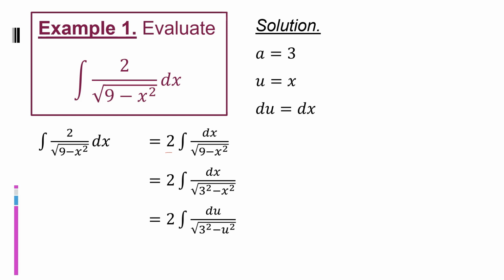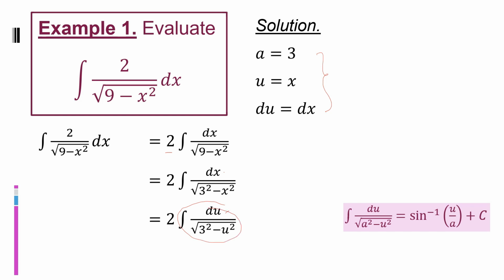Since our x is just equal to u, substituting, we have 2 times the integral of du over square root of 3 squared minus u squared. Since ganito na yung kanyang itsura, we know that this one now is just equal to arcsine of u over a plus c. So that is now 2 times arcsine of x over 3 plus c.